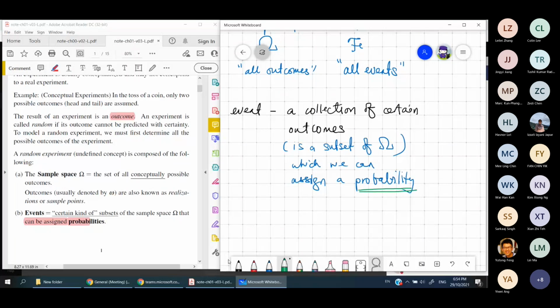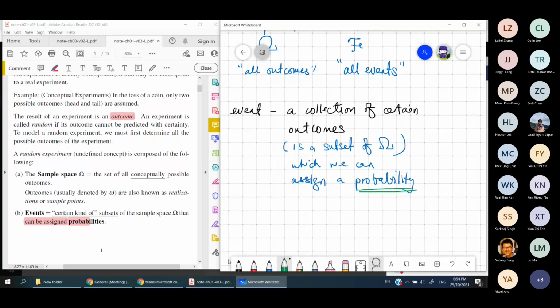A certain kind of subset of outcomes. So we can say this is a subset of omega which we can assign a probability. If we cannot assign a probability for this subset, then we cannot say this is an event.